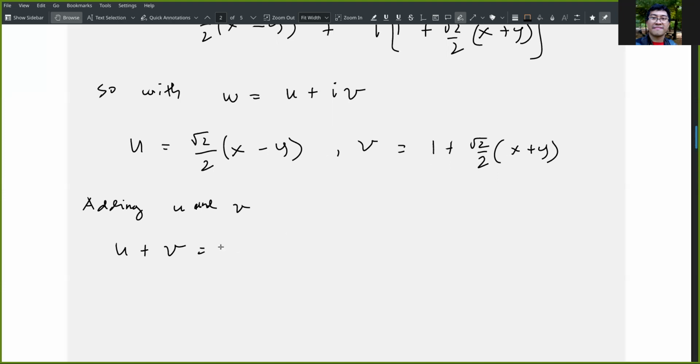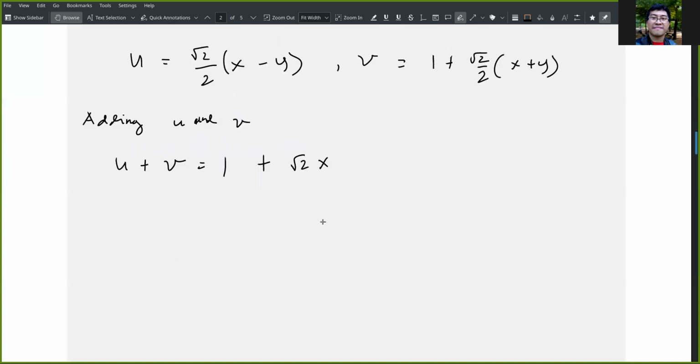So one we just leave as one, but the others, square root of 2 over 2 x plus square root of 2 over 2 x, that would be twice square root of 2 over 2, so that's square root of 2 times x. But this and this added will just cancel out, so we have a simple term here. We only need the value of x, and then we have an equation for u and v.